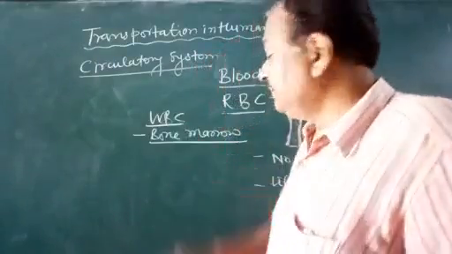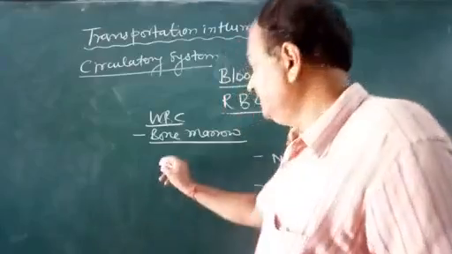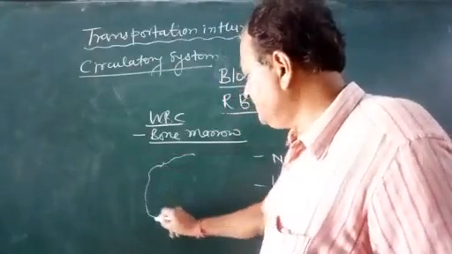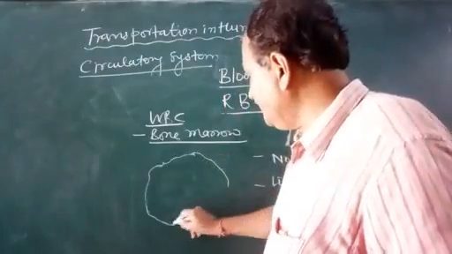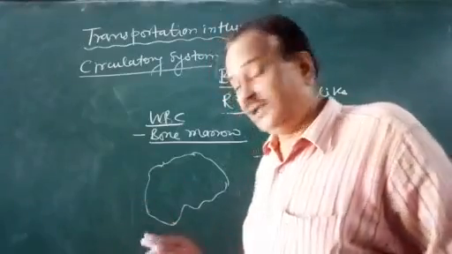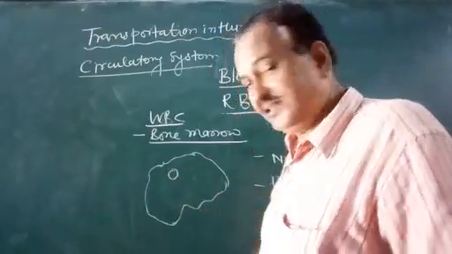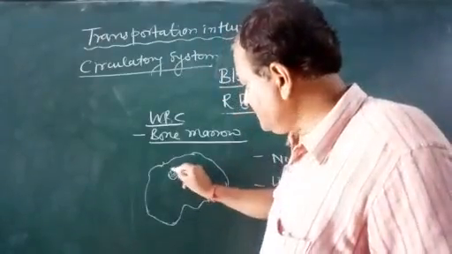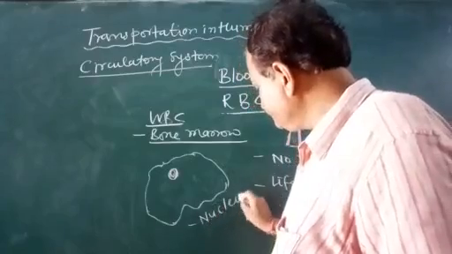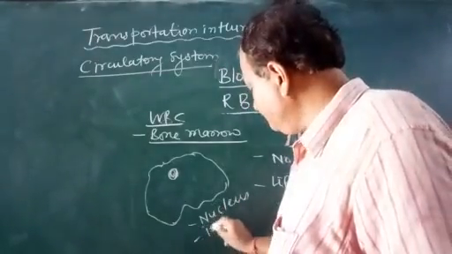But WBCs have a nucleus, and they have an irregular shape, just like an amoeba.